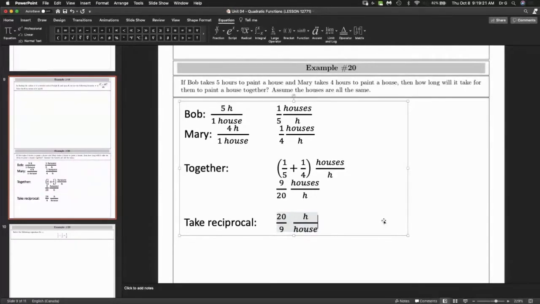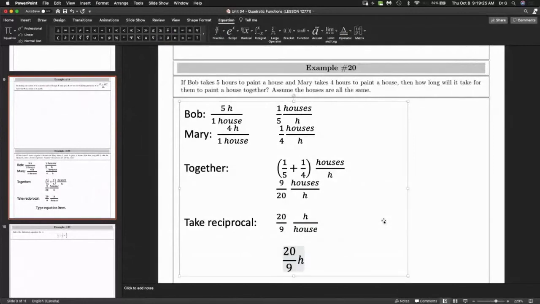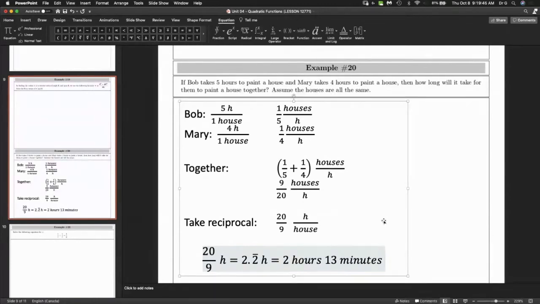Now you can take 20/9 and do some fun stuff here. 20/9 hours is 2.2 repeating hours. I did it earlier on my calculator because I was curious. It's 2 hours, 13 minutes, 20 seconds.